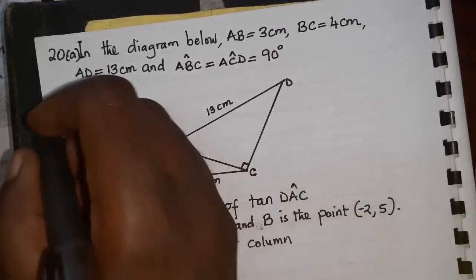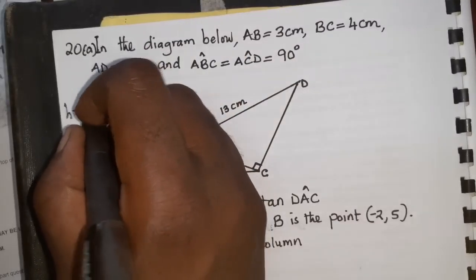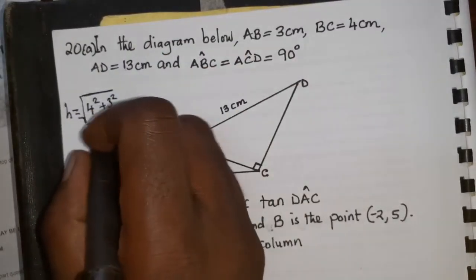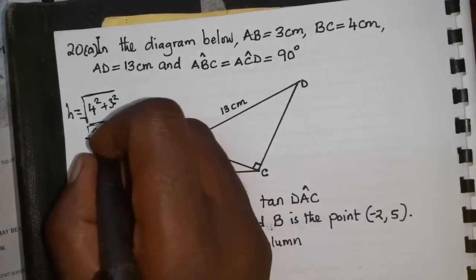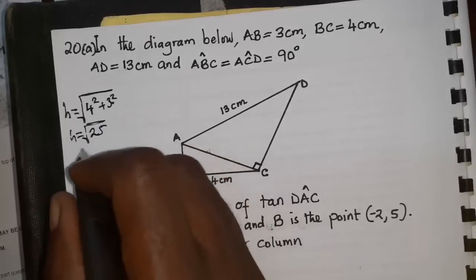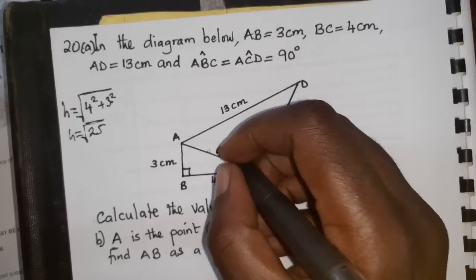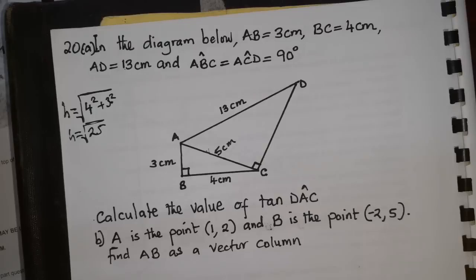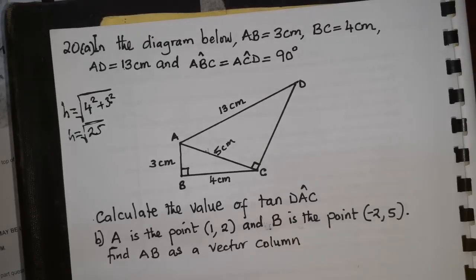To find this side, which is the hypotenuse, it's going to be equal to 4 squared plus 3 squared. This gives us 16 plus 9, which is 25. The square root of 25 is 5. So this side is 5 centimeters. Take note of that.